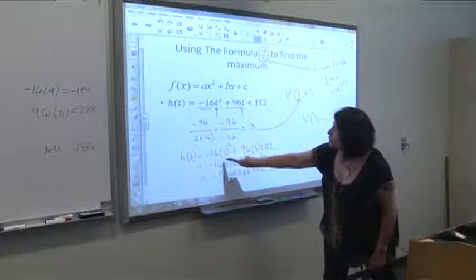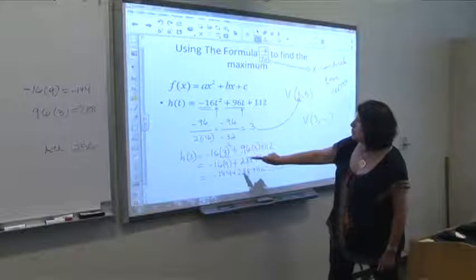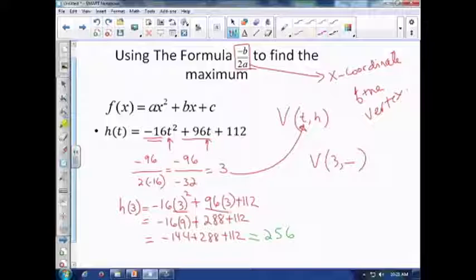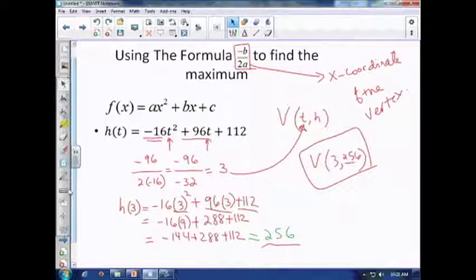So you're going to plug in t as being 3: negative 16 times 3 squared plus 96 times 3 plus 112 from the original function. 3 squared is 9. 96 times 3 is 288 plus 112. And no surprise, that's going to give you 256 as the y-coordinate of the vertex, which answers the first 2 questions that we did by completing the square.